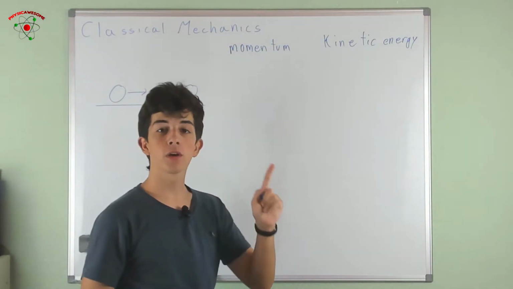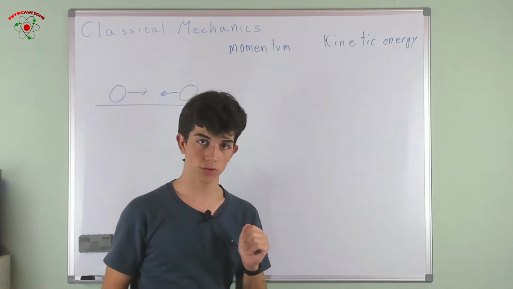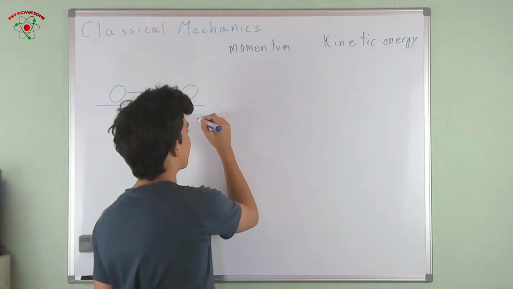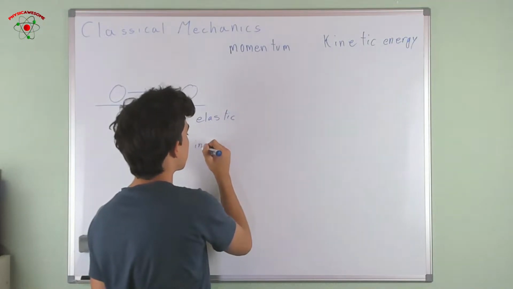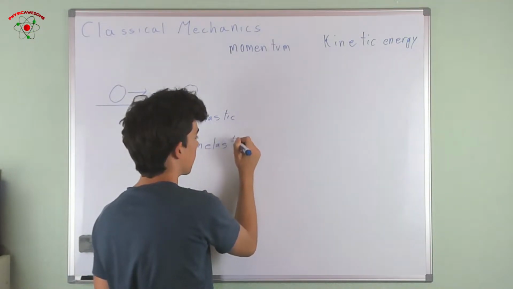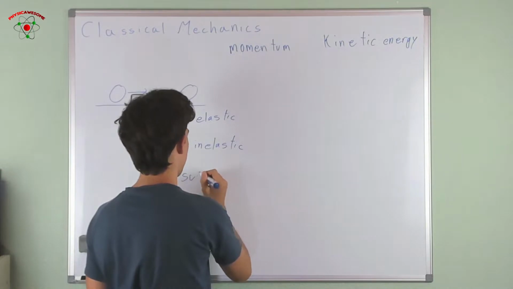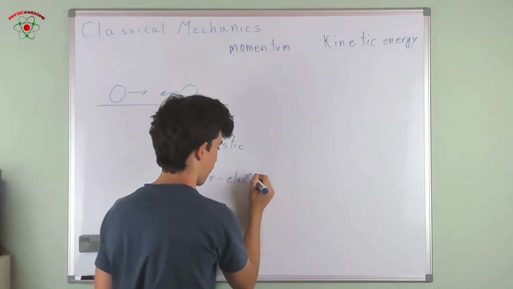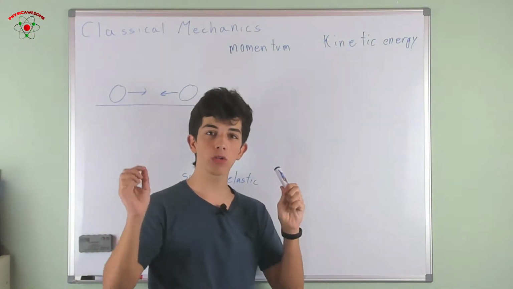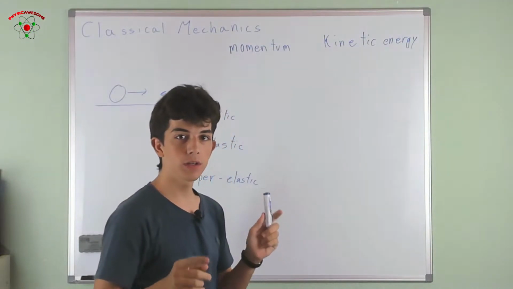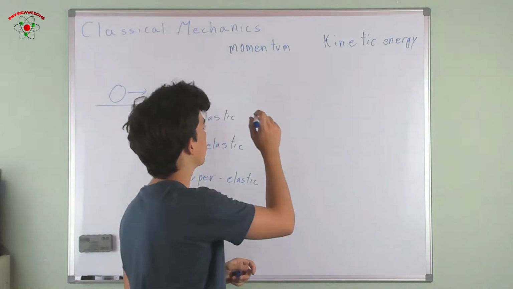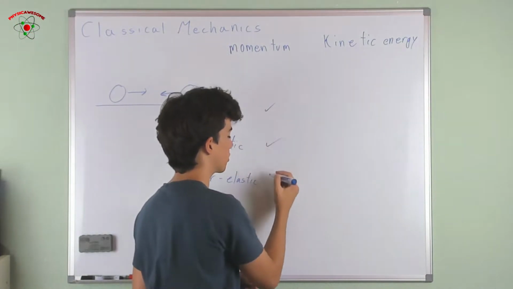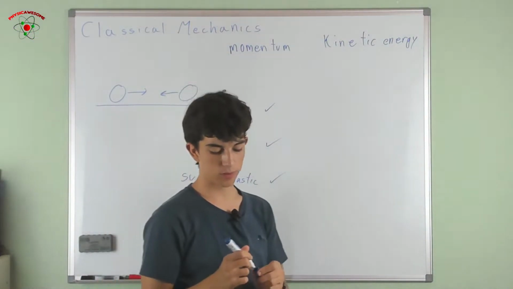We're going to have 3 types of collisions. First of all, elastic, as we said earlier, elastic, inelastic, and superelastic. In every collision we have, there's one thing that is always going to be conserved. That is momentum. So conserved, conserved, and conserved.